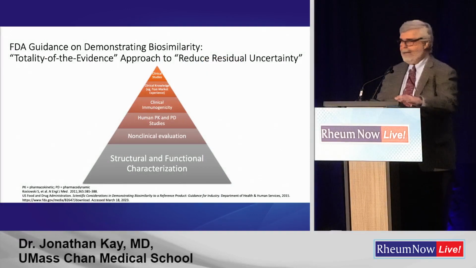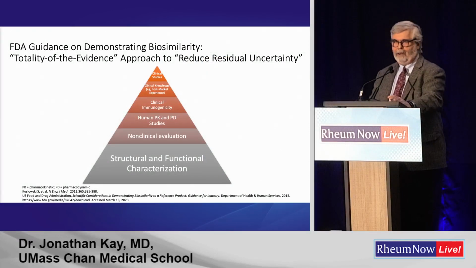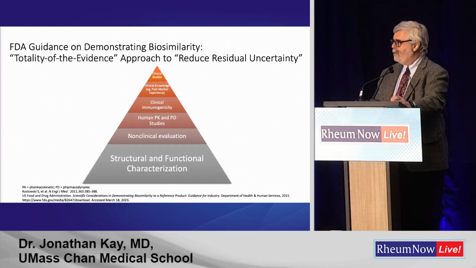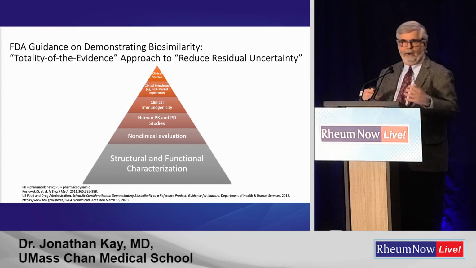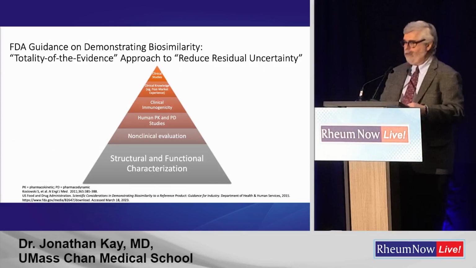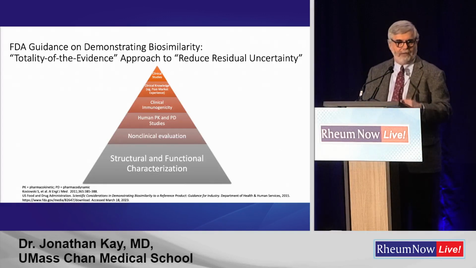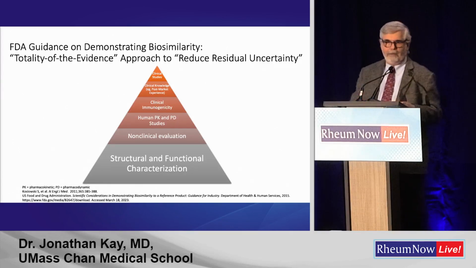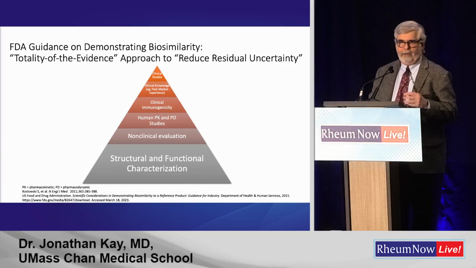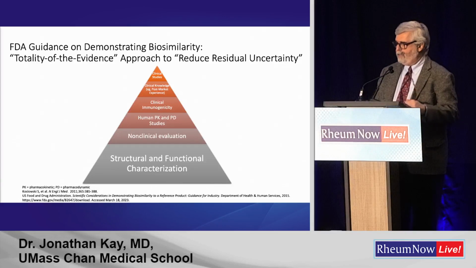So the FDA guidance on demonstrating biosimilarity talks about a totality of the evidence approach to reduce residual uncertainty. You start off with a very robust assessment of structural and functional characterization of the biosimilar candidate in comparison to the reference product. They undergo over 100 different analytical and functional assays. This is then followed by a small non-clinical evaluation, possibly in animals for toxicity, but that is reduced as much as possible.